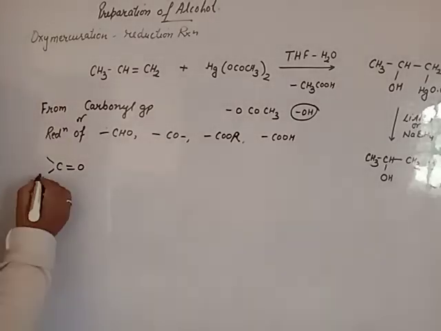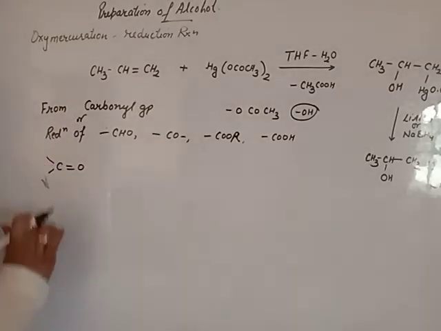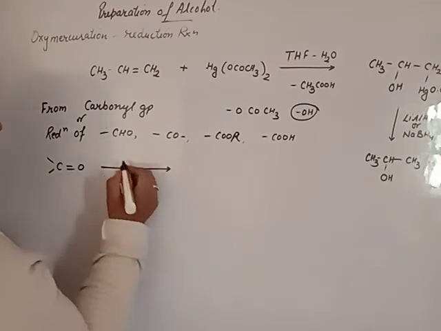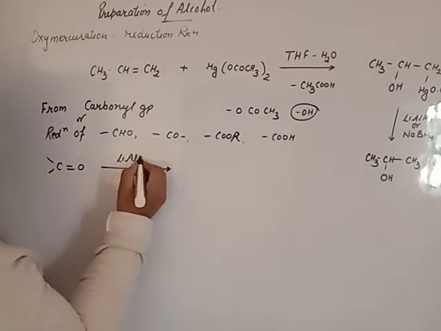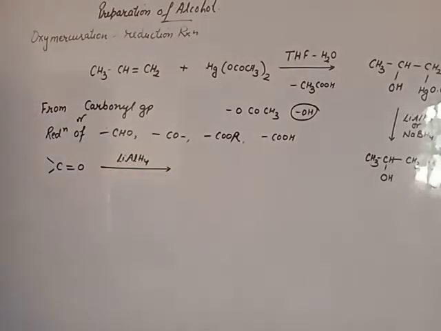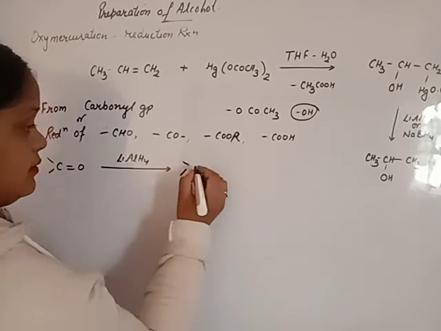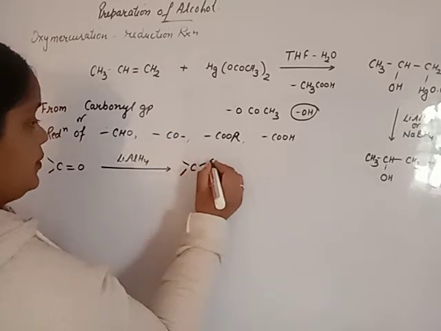Clear? If we have H, it is an aldehyde; if both sides consist of alkyl groups, a ketone; with OH, an acid group; and with OR, an ester group. Reduction of the carbonyl group will be done with the help of a strong reducing agent, lithium aluminium hydride or sodium borohydride, but many times we will use lithium aluminium hydride, and beta, we will obtain alcohol.